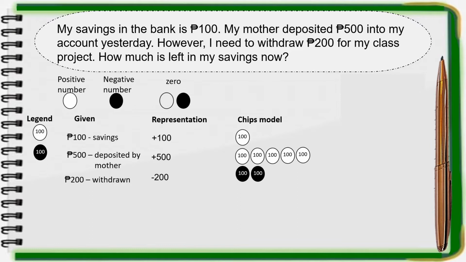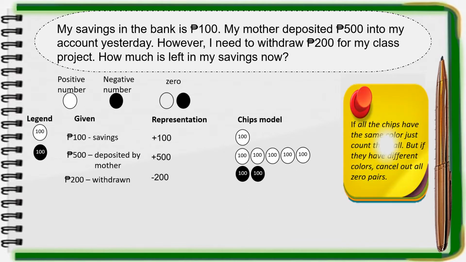Now, ano ang gagawin natin sa mga chips na ito? Okay, so let us remember this hint. If all the chips have the same color, just count them all. But, if they have different colors, cancel out all 0 pairs. Okay? So, let us cancel out now 0 pairs.